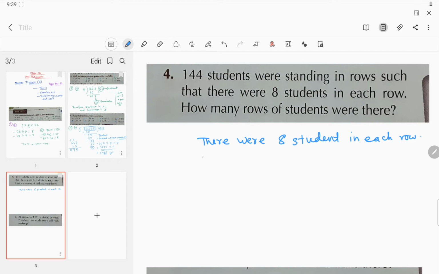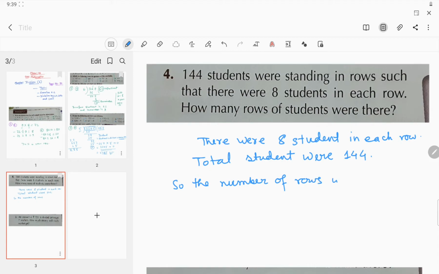Total students were 144. So how many rows are there? The number of rows, that means you have to do division. So divide 144 by 8.